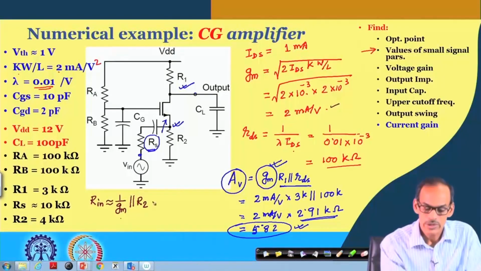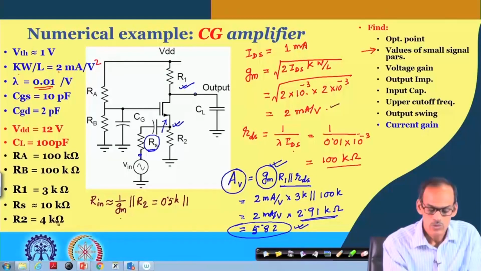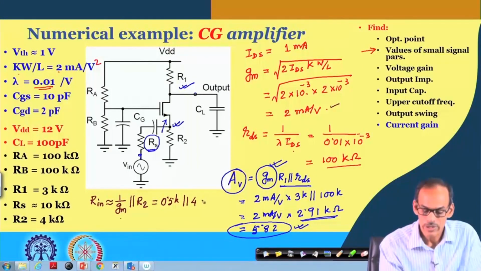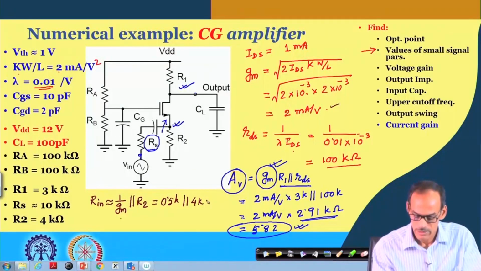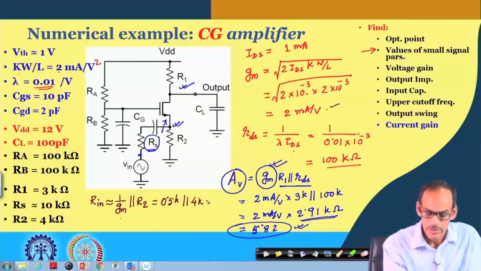So, 1 by Gm is 0.5 K in parallel with R2, which is 4 K, and that gives us 0.444 kilo ohm.